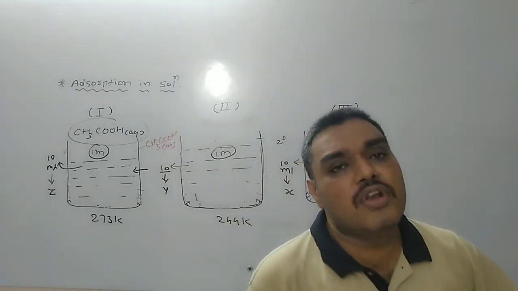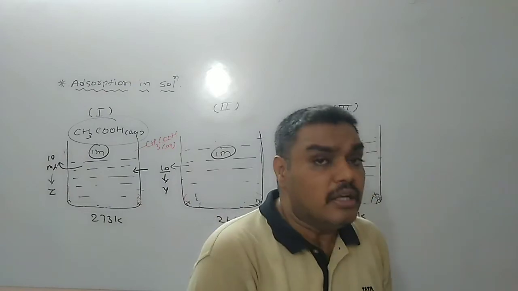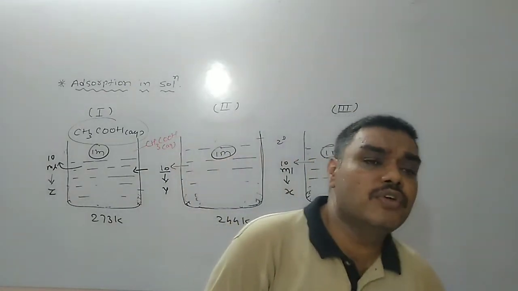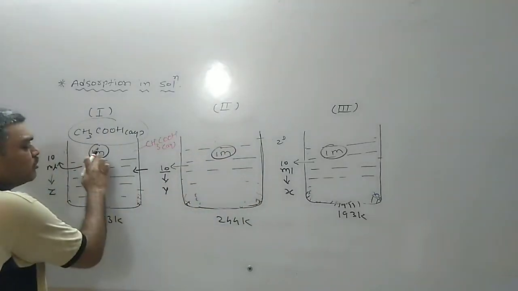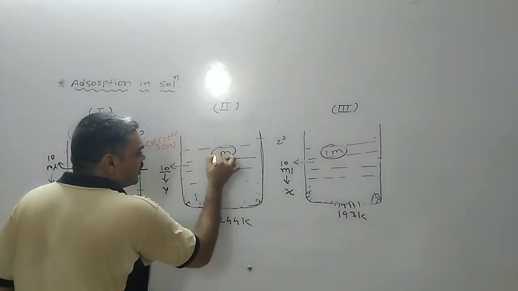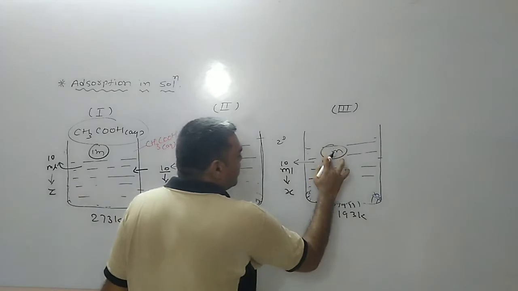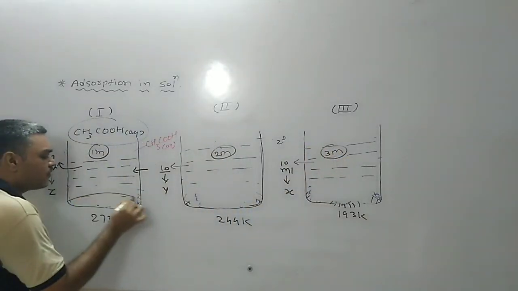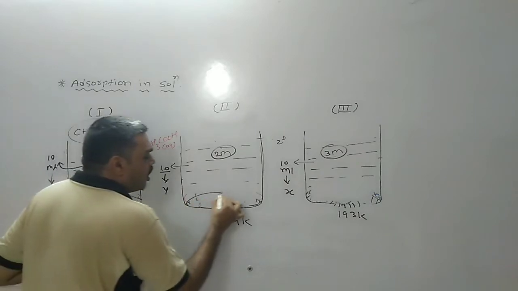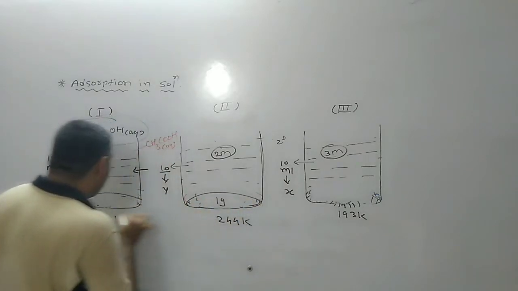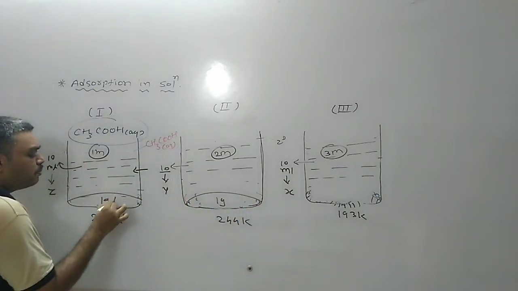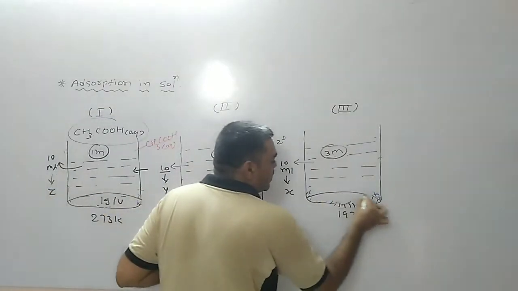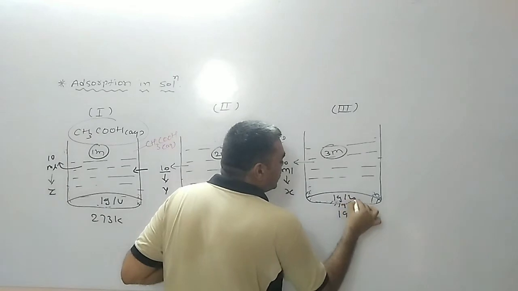One more thing you will find is the concentration difference. Here you will take 1 molar solution, here you will take 2 molar solution, and here you will take 3 molar solution, and the same surface area of charcoal, 1 gram per unit volume.